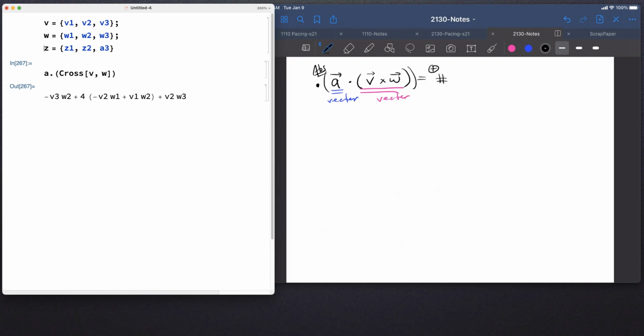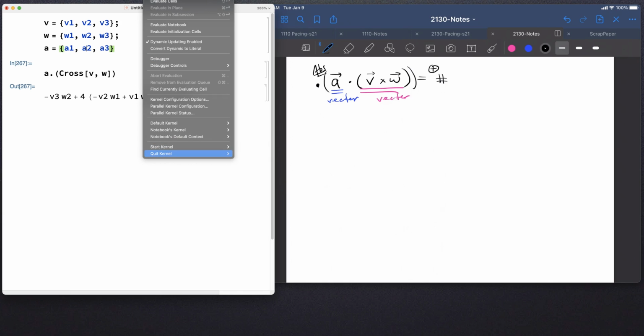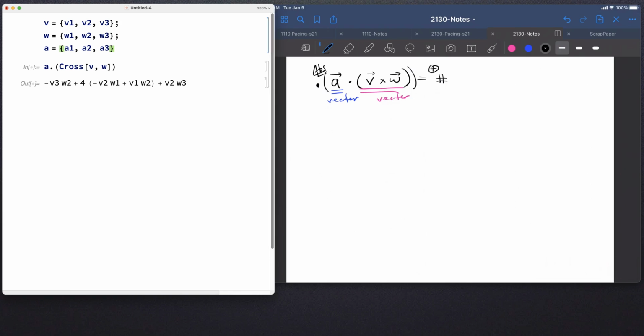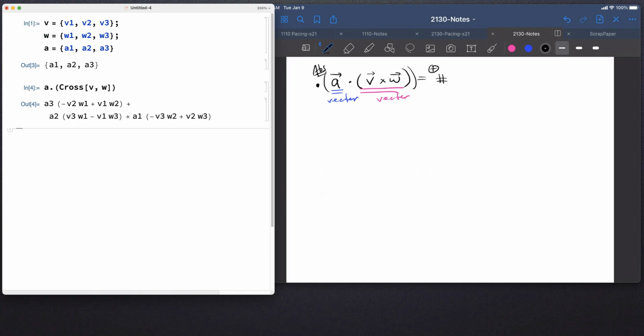Actually, let me just show you how to do that, because that might come in handy. If you go to evaluation, quit kernel, local, and you say quit, then you can go back and rerun this, and the computer's memory should be cleared. That's the easy way to do that.